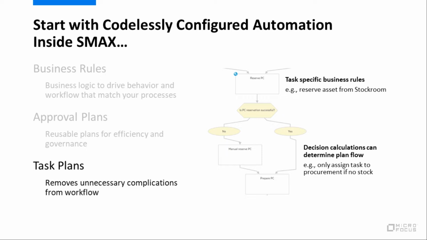And all of this is done in the task plan, as I said. In the task plan, you can combine multiple automated tasks together with maybe manual tasks and also approval mechanisms.